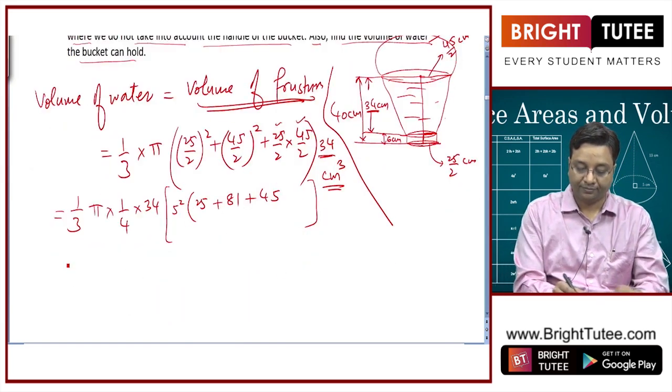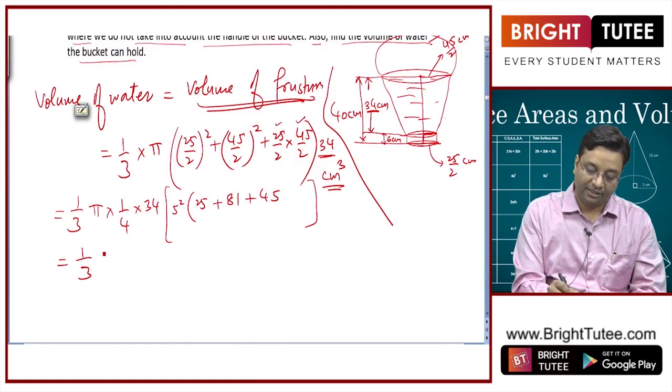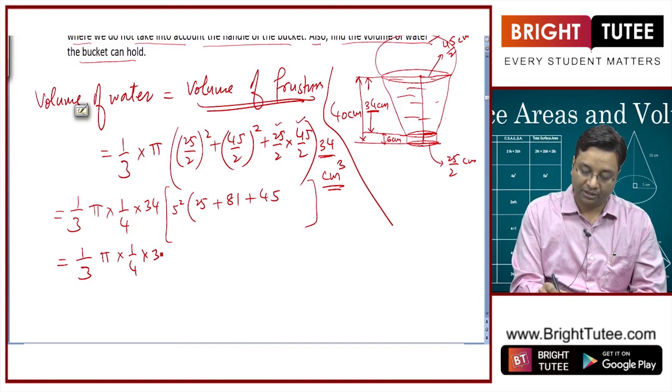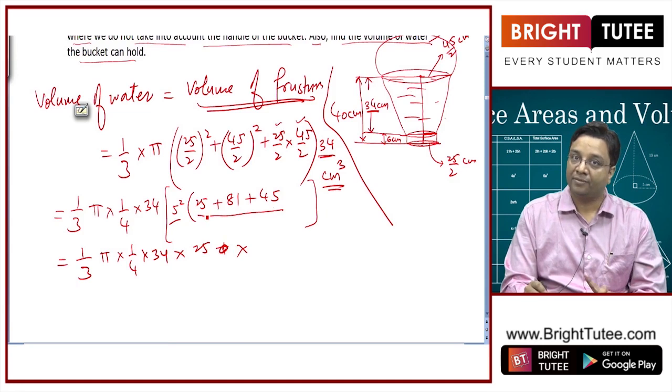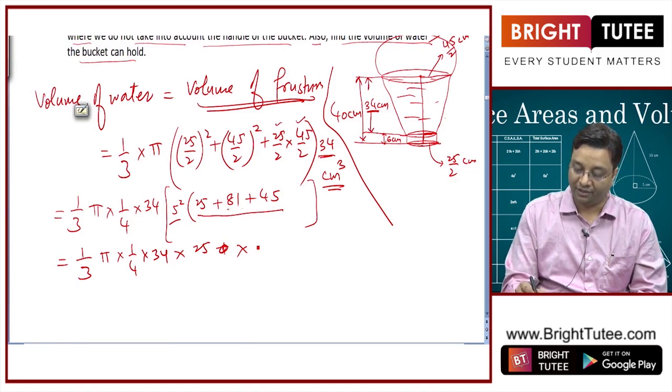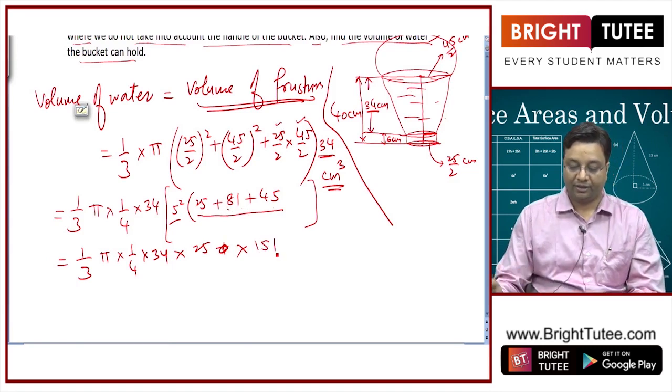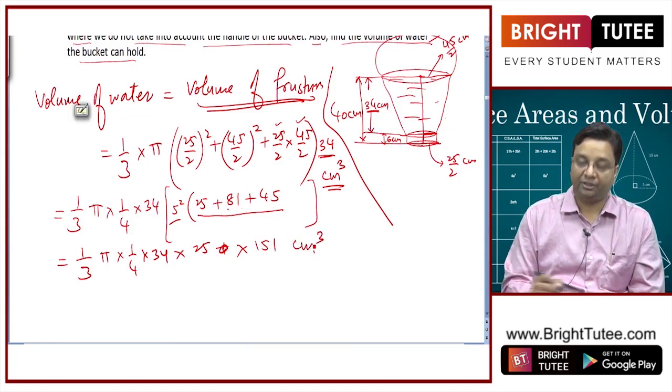Okay. So 1 by 3 pi into 1 by 4 into 34 into this 25 plus 25 into this is 45 plus 25 is 70, right. 70 plus 80 is 150, 151. Okay. So this is the calculation part which I leave to you. This is in centimeter cubes.